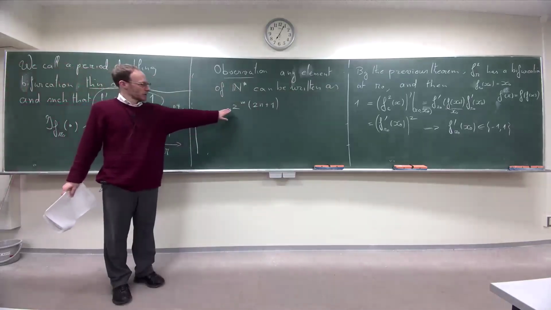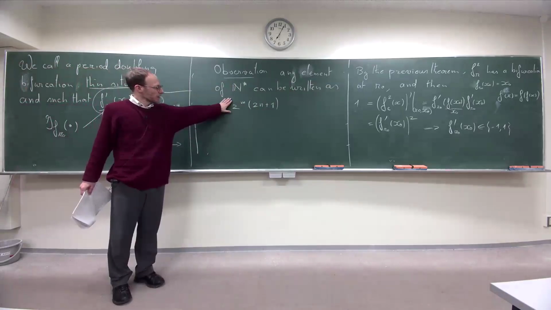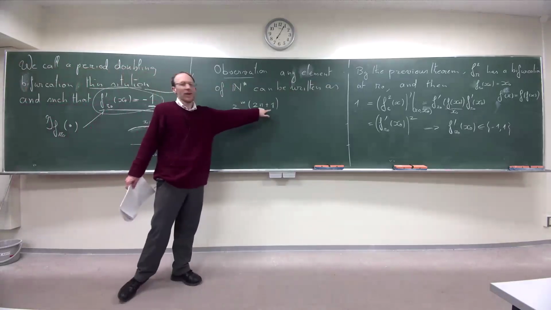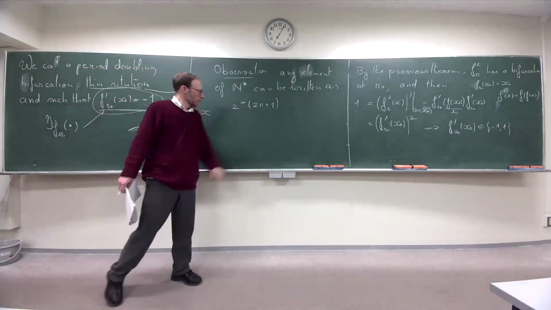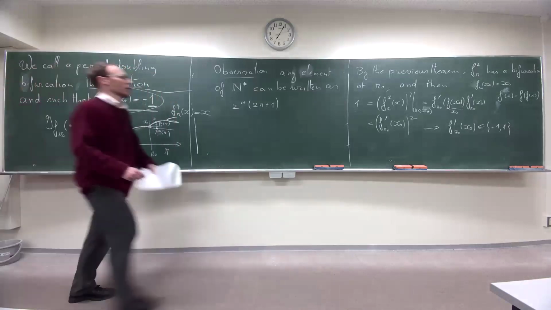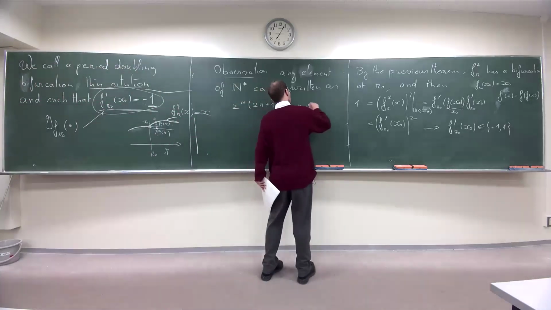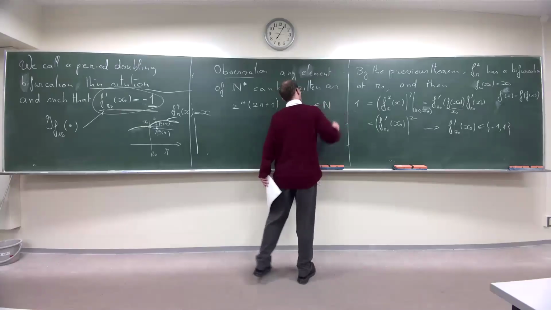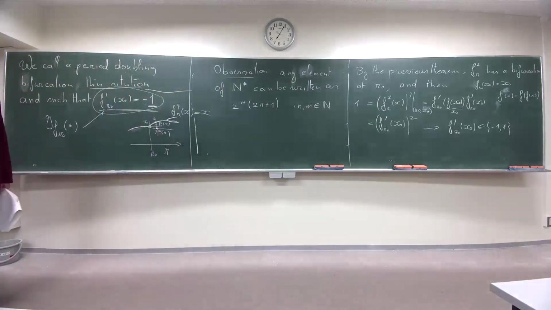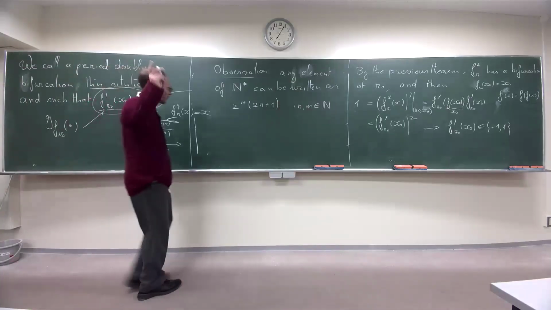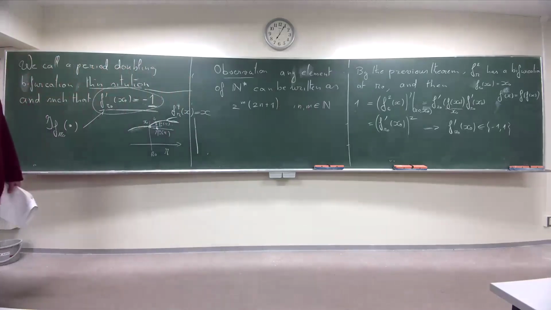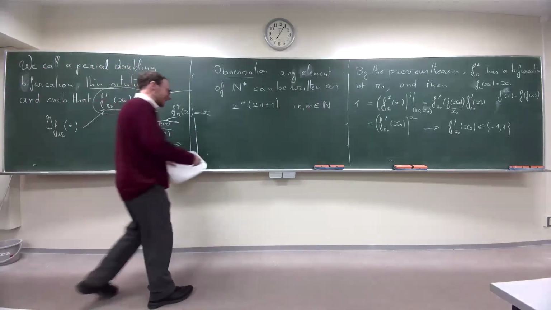Take any positive integer. You can always factor out a certain power of 2, and then have another number which does not contain a multiple of 2. So any number can be written like this for n and m natural numbers. You just check this is true. If you attend a course on basic number theory, probably this is a baby observation.